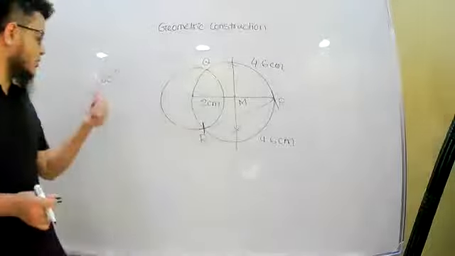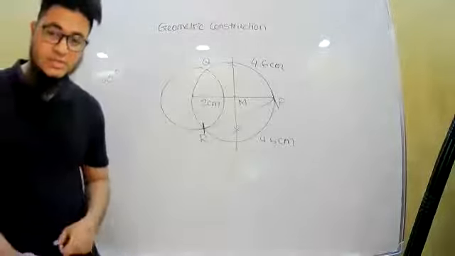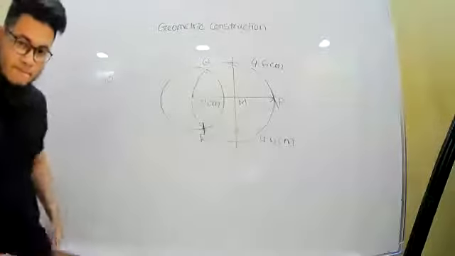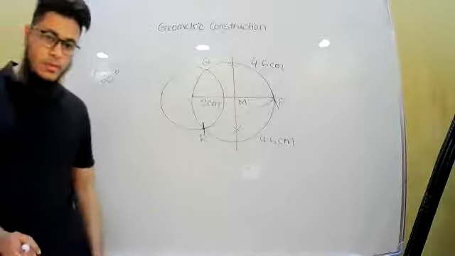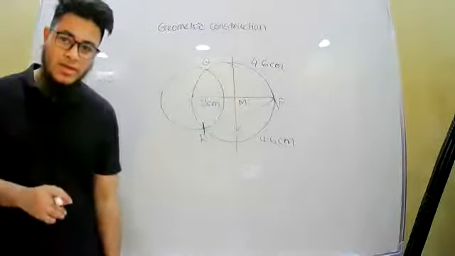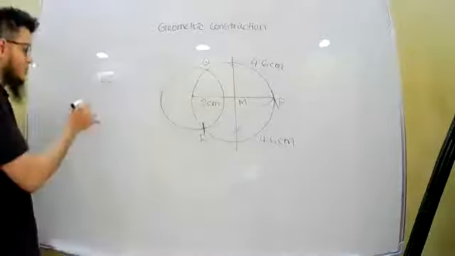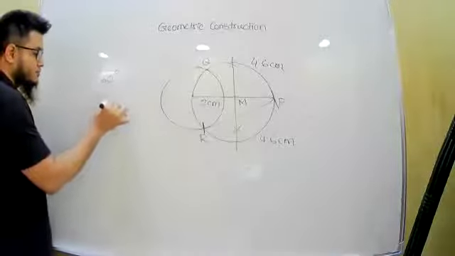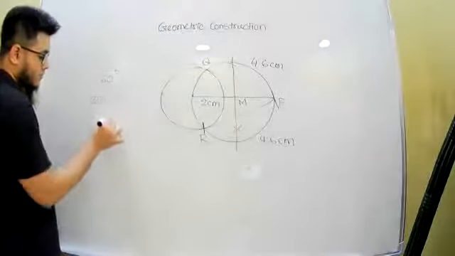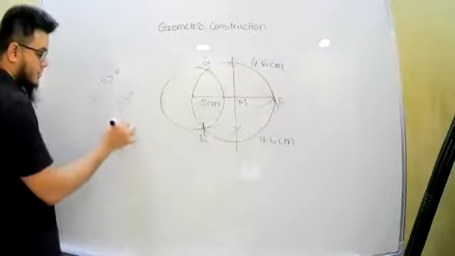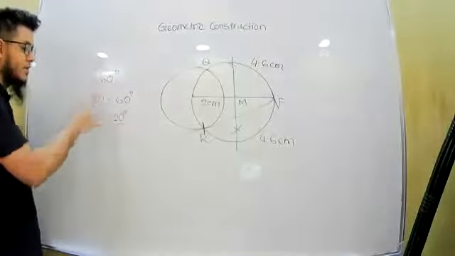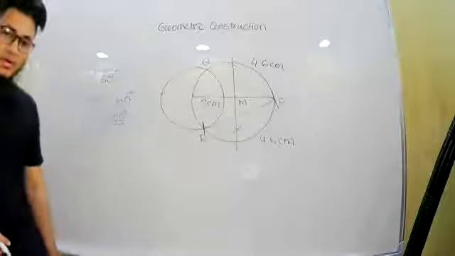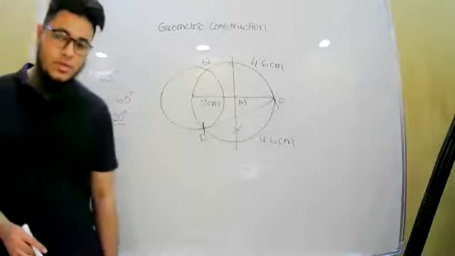Can anybody tell me what will be the supplementary angle of 60 degree? To get the supplementary angle of 60 degree, we have to subtract it from 180. 120 degree. Yes, this is the supplementary angle of 60 degree. Now, I guess you have forgotten complementary angle and supplementary angle. These are very important concepts, okay?